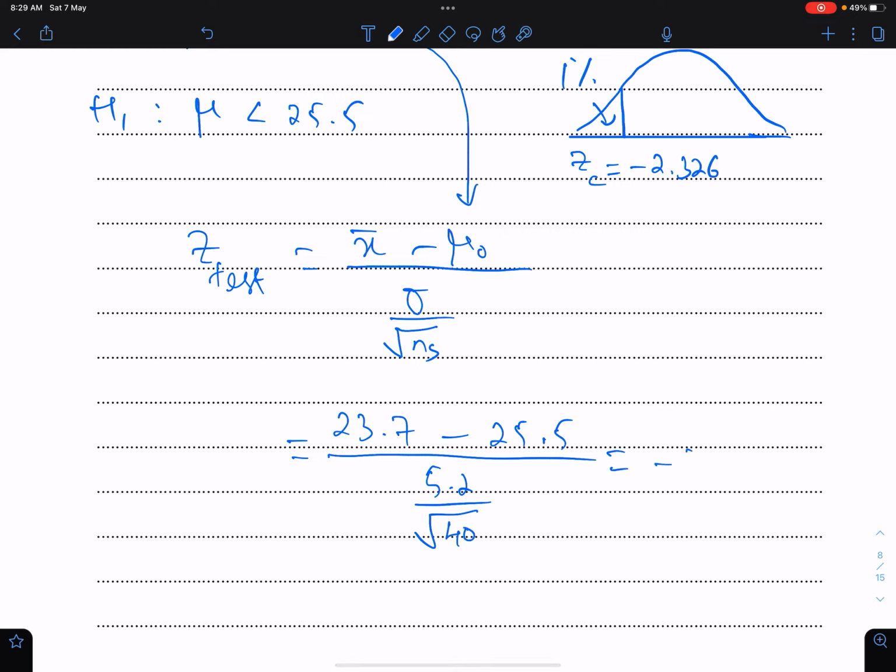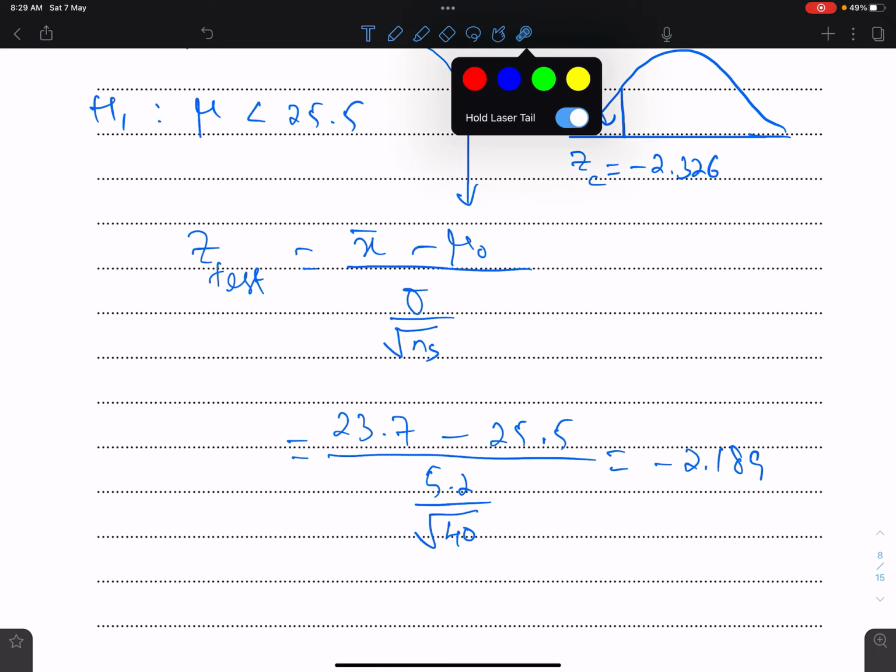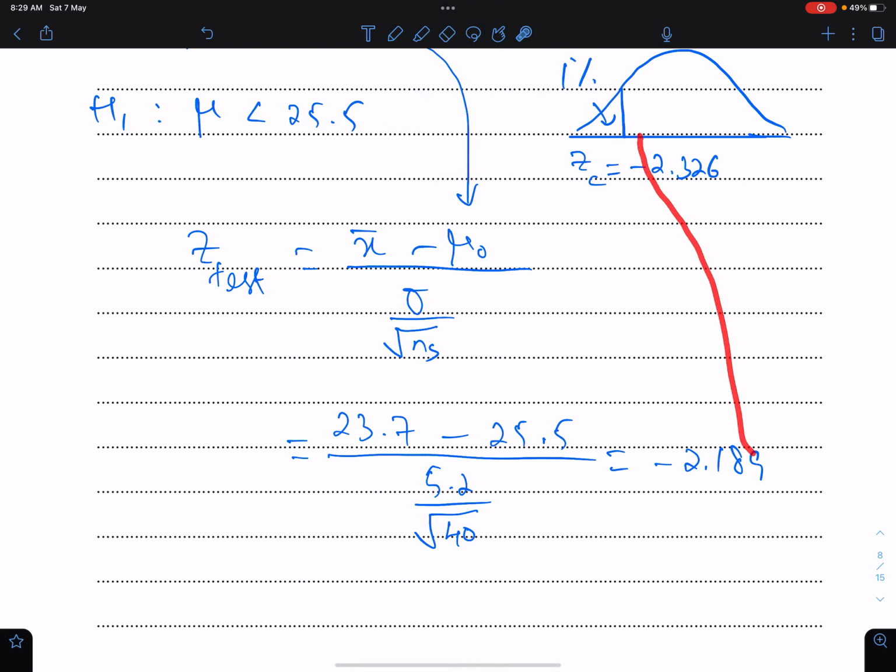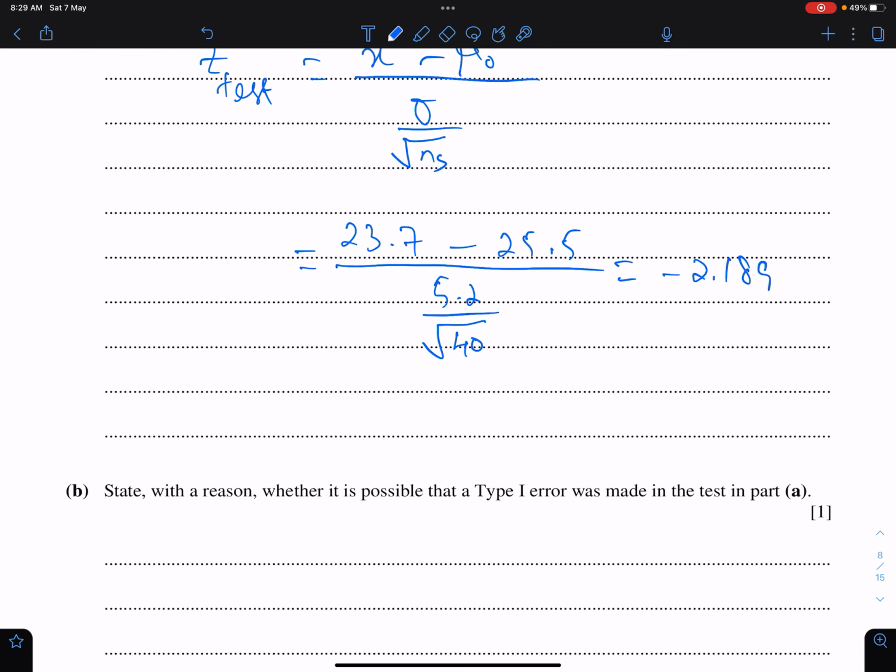Hence this number is minus 2.189. See, this number is here, not here. So you have to mention that minus 2.189 is greater than minus 2.326. Therefore, accept H naught.